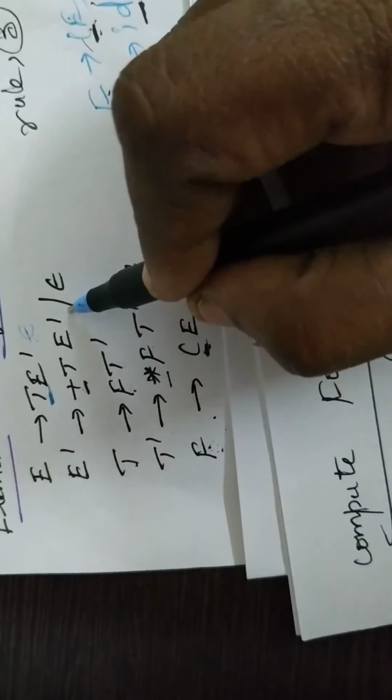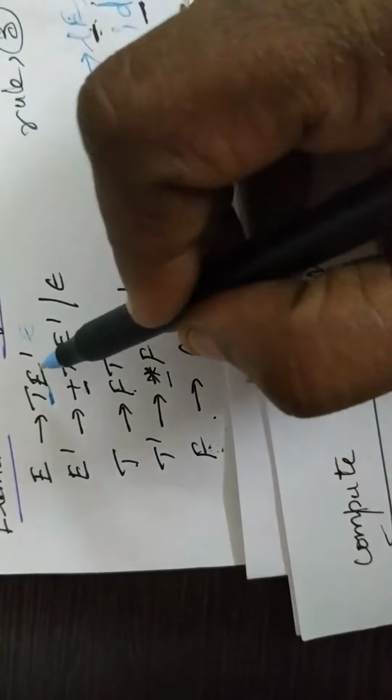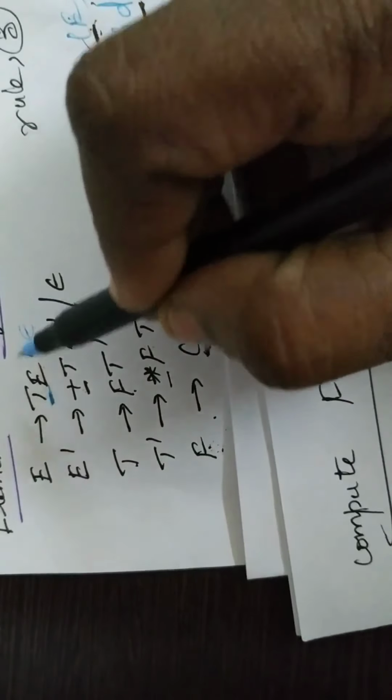Nothing is following here, and here also E dash is followed by nothing, and in these two productions as well. So your follow of E dash is follow of E only. Here also, follow of E dash is again follow of E only.